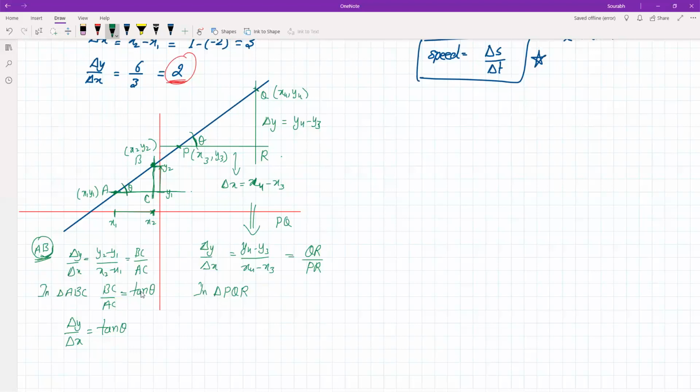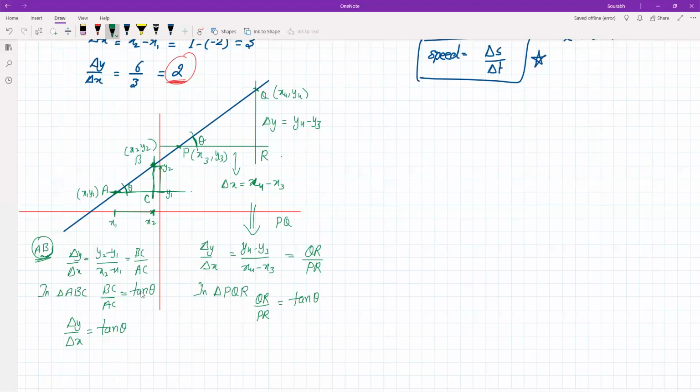So this angle BAC and angle QPR are actually equal, right? They are on the same side of transversal, so those angles should be equal. They are the corresponding angles. So in triangle PQR, angle P is actually theta. And what is this QR divided by PR? So that is also nothing but tan theta.